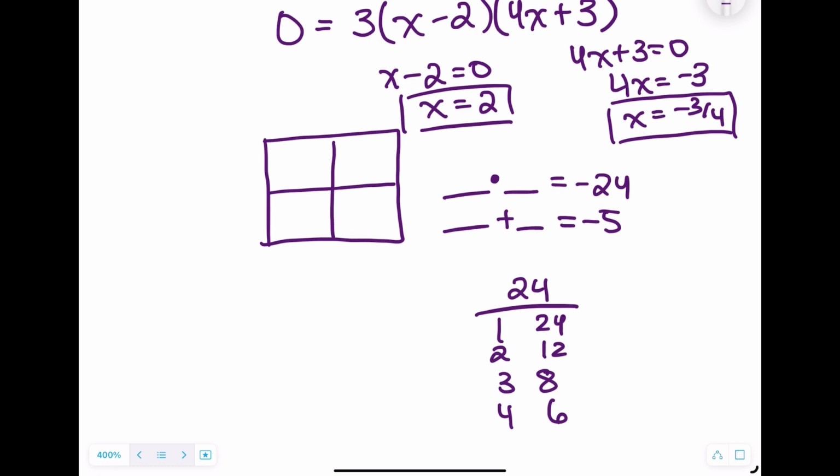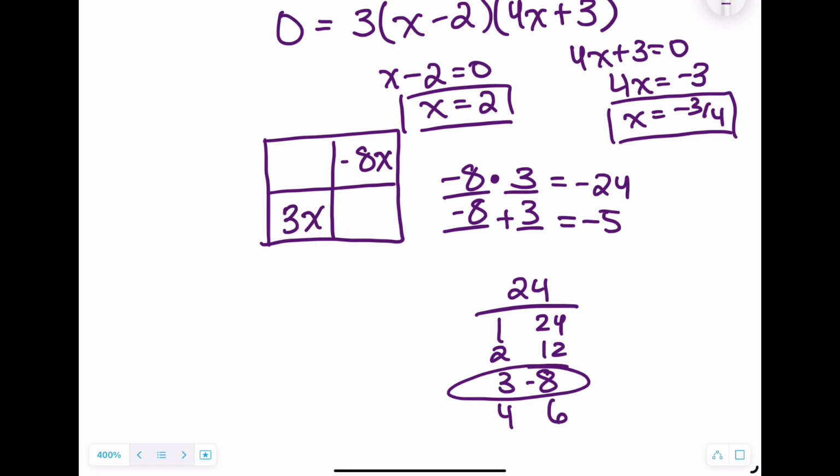So which of these pairs can subtract to equal negative 5? Well, that is right here, if the 8 is negative, just like we saw in the previous version of the solution. So we have negative 8 plus 3 and negative 8 times 3. And we'll add those into the box.